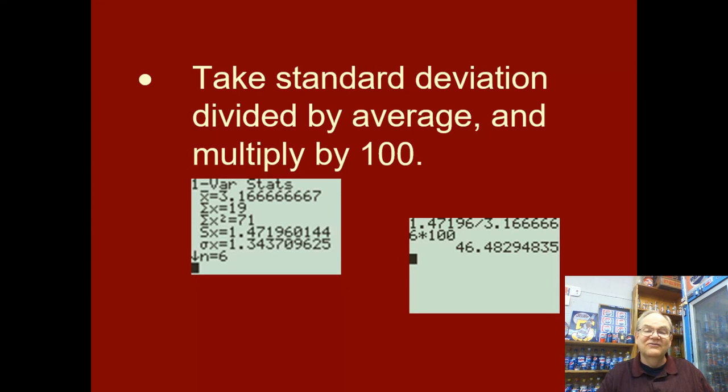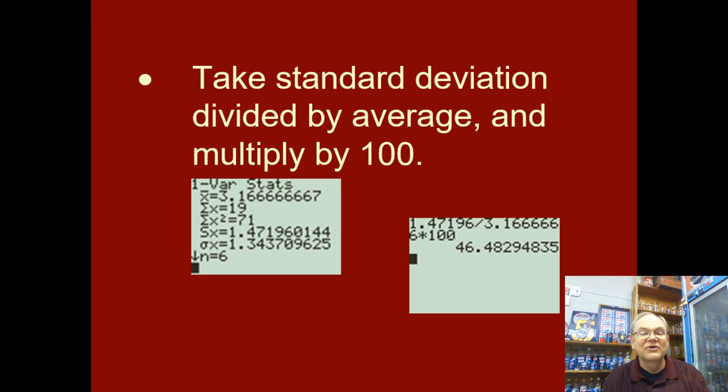They're just saying you take the standard deviation and you divide by the mean, the average, and then you multiply by 100. All the multiplying by 100 is doing is moving the decimal point after you divide. Now remember, I can find the mean. It's the very first thing that I see when I do one variable statistics. And the standard deviation is Sx.